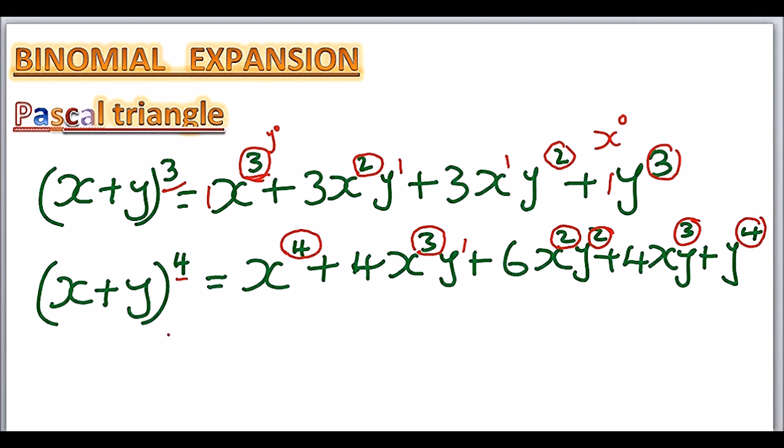So from this, we will now be able to use Pascal's triangle to expand our binomial. Note that since we have generated Pascal's triangle, you don't need to do that every time you are expanding. It is available in your mathematical tables.